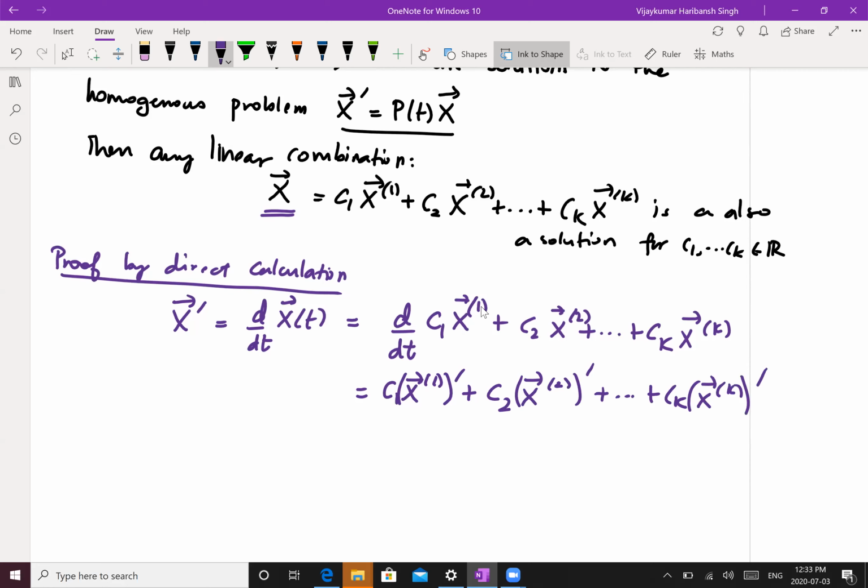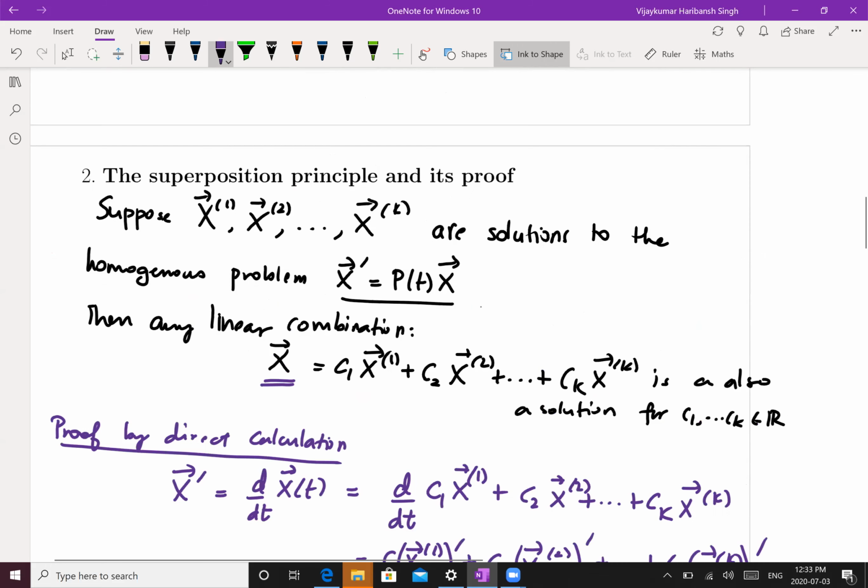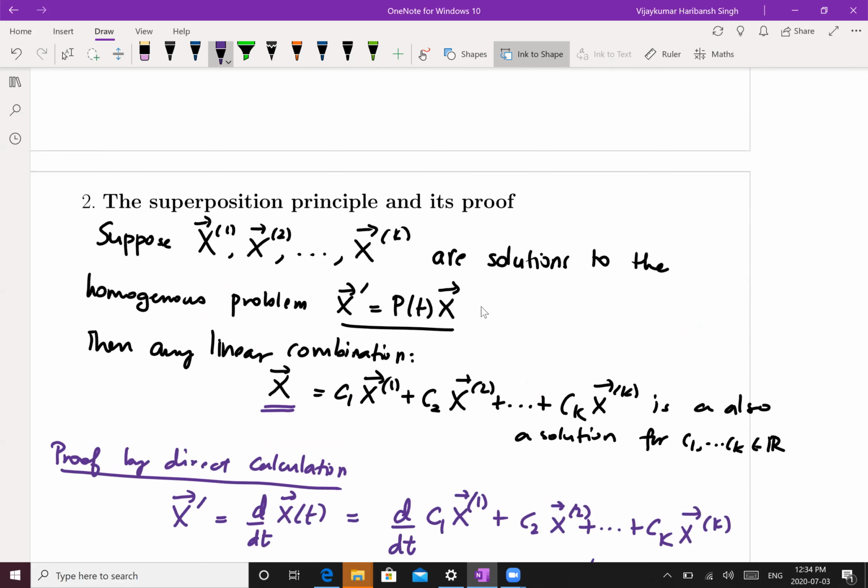But note that these x1, x2, up to xk satisfy this system of differential equations. What does it mean? It means that xi prime equals P of t times xi. Yeah, this is exactly what it means.